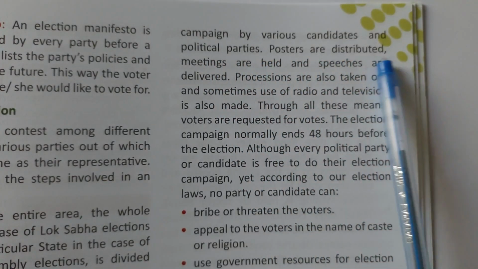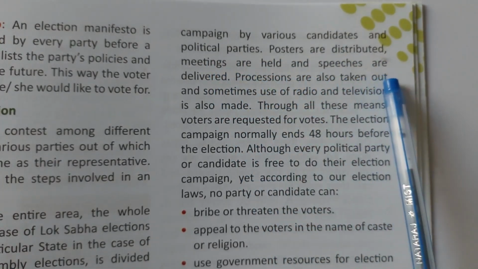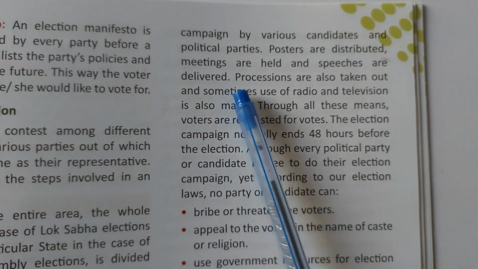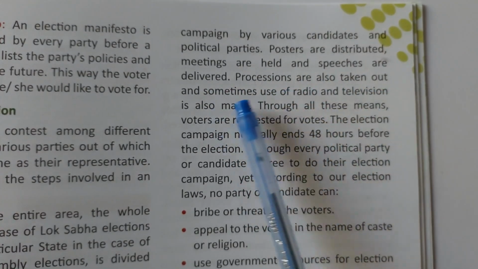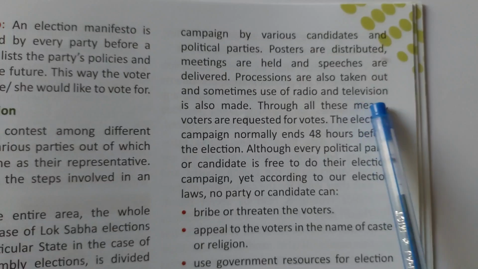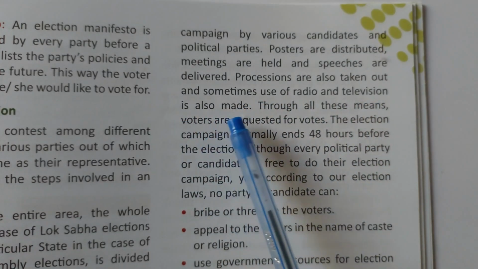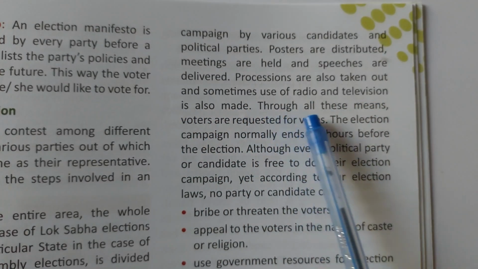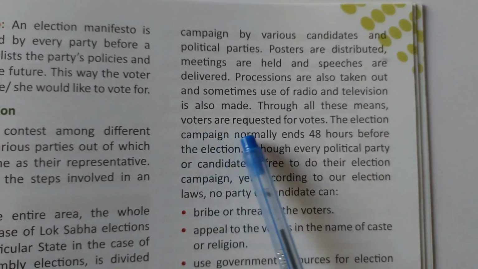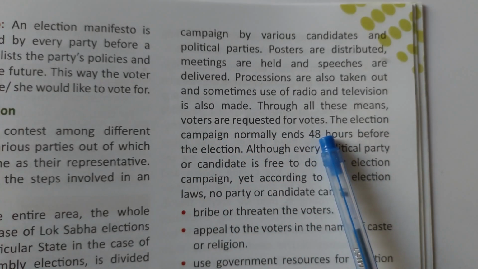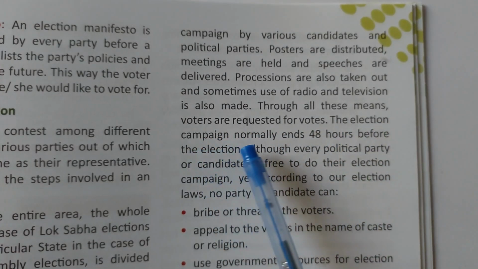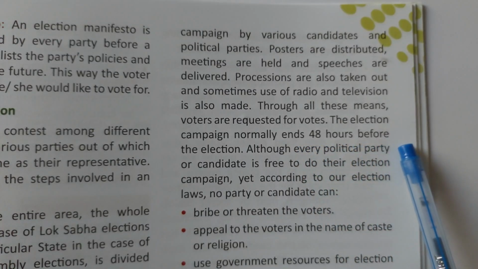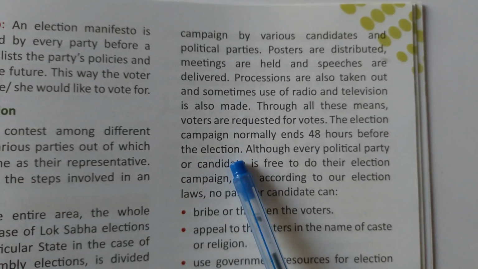Posters are distributed, meetings are held, and speeches are delivered. Processions are also taken out, and sometimes use of radio and television is also made. Through all these means, voters are requested for votes. The election campaign normally ends 48 hours before the election.